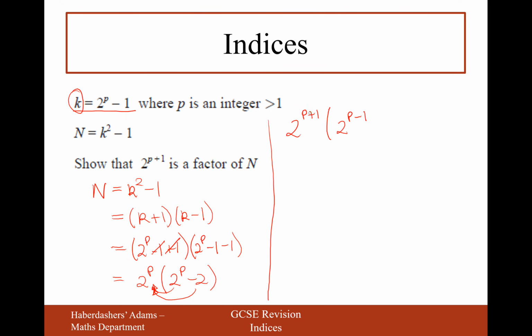So I've moved one of the 2's from inside the bracket to outside the bracket, and then I'll factorize the 2 to the front as well. So I gain a 2 on the front, and it'll be minus 1 inside the bracket. And now we can clearly see it's 2 to the p plus 1 times this value here. So therefore, 2 to the p plus 1 is a factor of n.